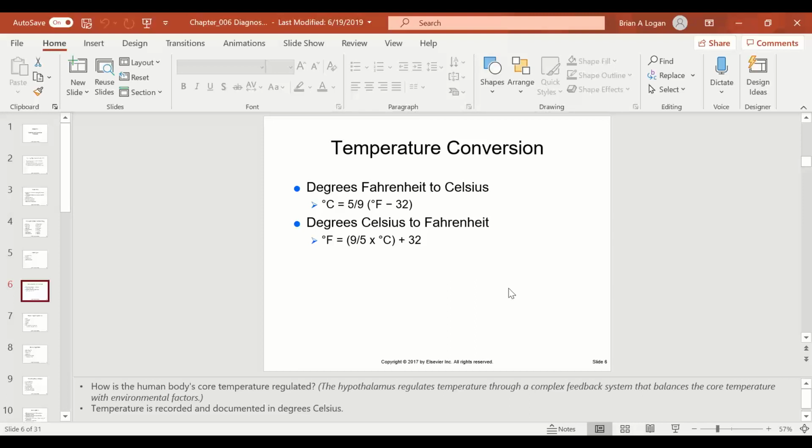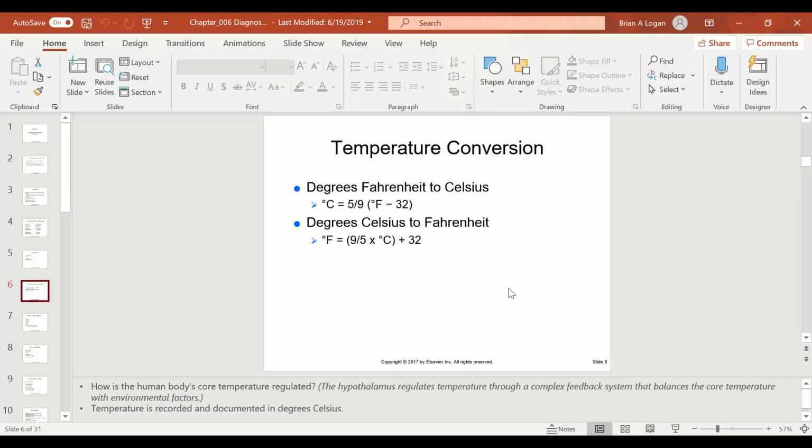And I give you the temperature of, say, 212 degrees Fahrenheit. Well, you're just going to work backwards. You put the 212 degrees in where the F is, and then solve for C. And you should get an answer of 100 degrees Celsius.